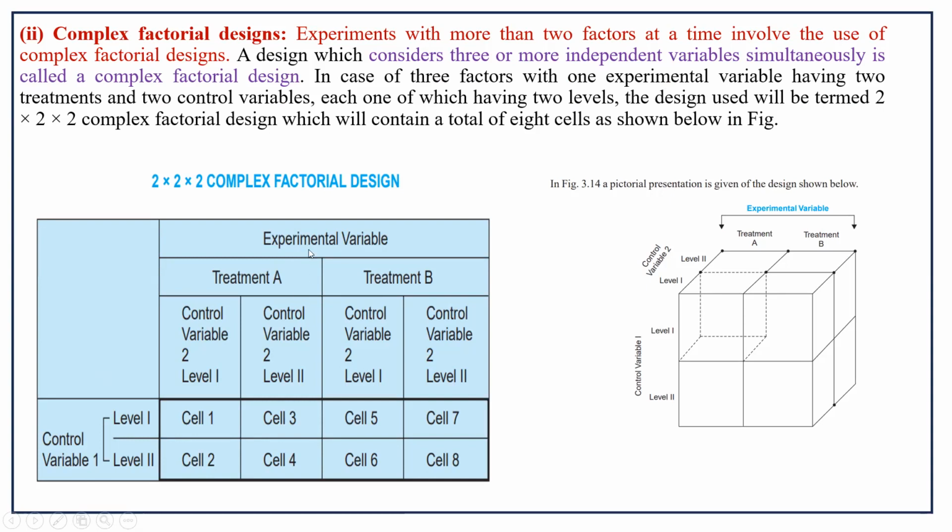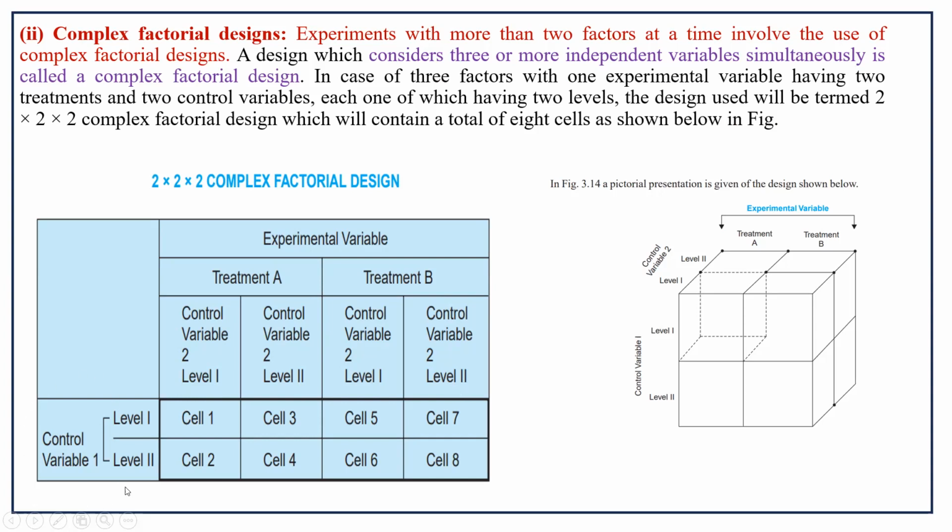Now why 2 into 2 into 2? There are 2 treatments, treatment A and treatment B. There are 2 levels, and there are 2 control variables, with level 1 and level 2. In treatment A, there will be control variable level 1 and control variable level 2. In treatment B also, control variable level 1 and control variable level 2.